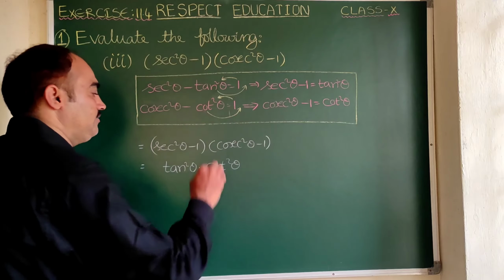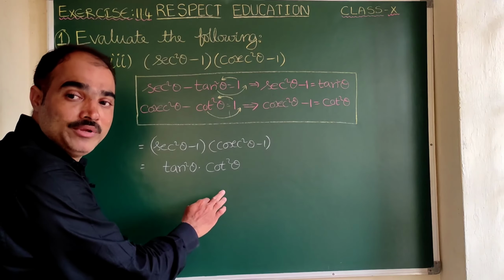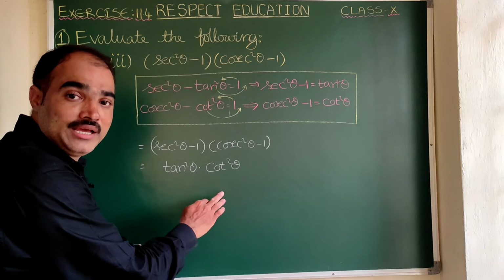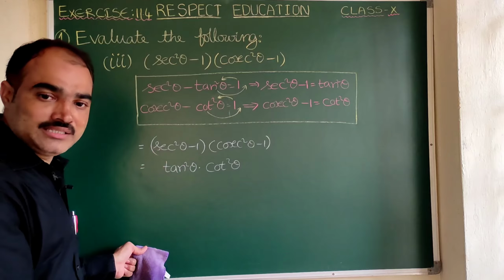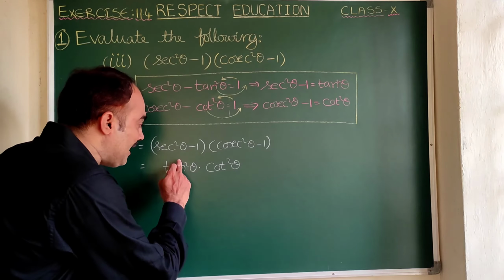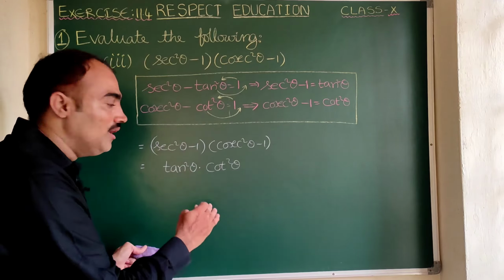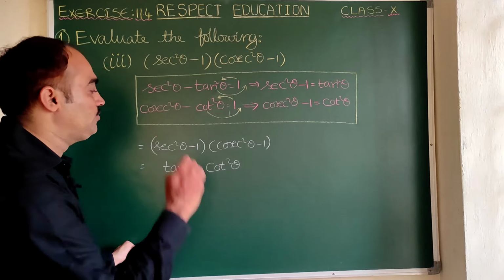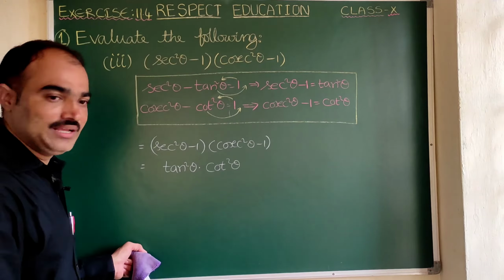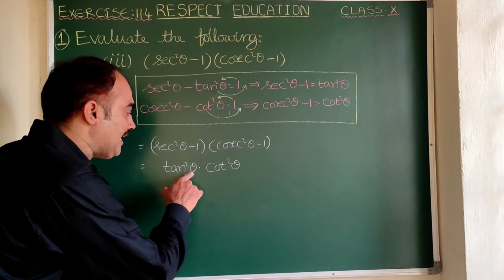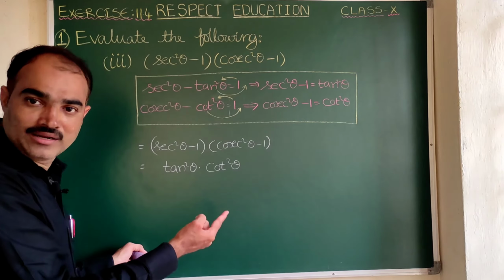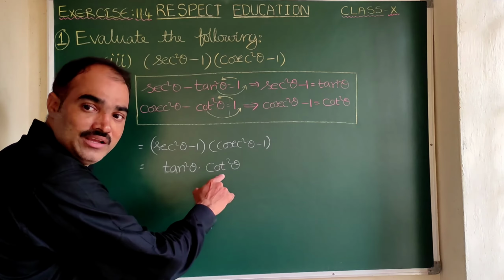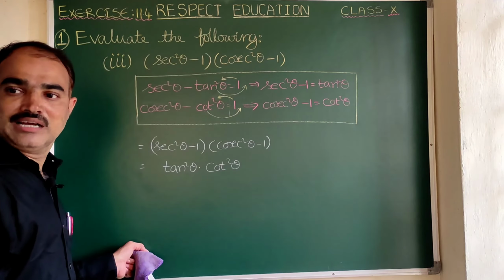Here you just think, can we leave the problem here or we can do furthermore? Observe carefully, you think once, can we write tan in terms of cot or cot theta in terms of tan? Here there is a way. We can write tan square theta as 1 by cot square theta or cot square theta as 1 by tan square theta. That is one of the ways.